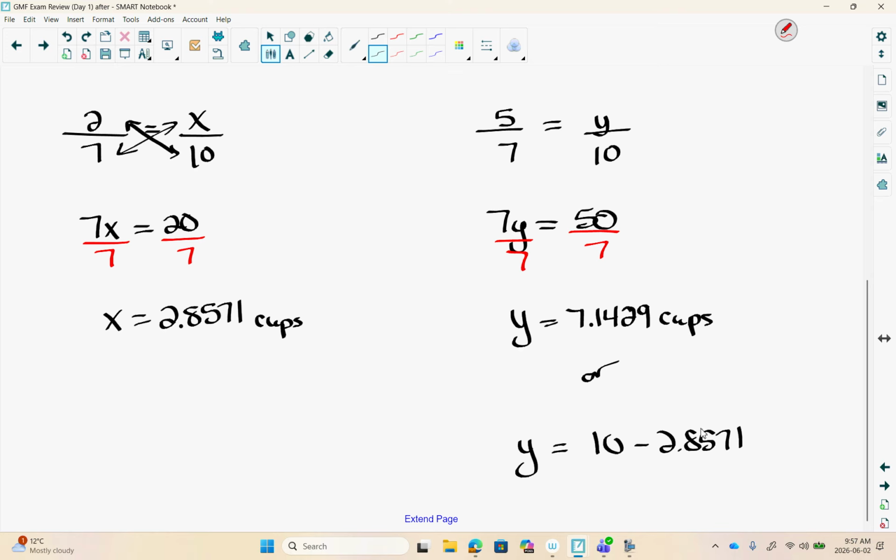Take the total cups, subtract the amount of concentrate. 10 minus 2.8571 gives me 7.1429 cups of water. And then you could finish with a sentence and say that you will need 2.8571 cups of concentrate and 7.1429 cups of water to make 10 cups of recipe number 2.